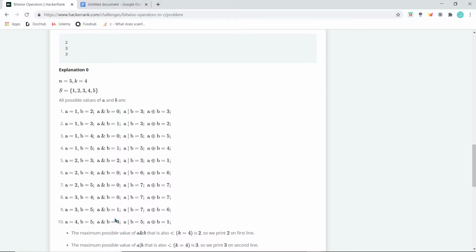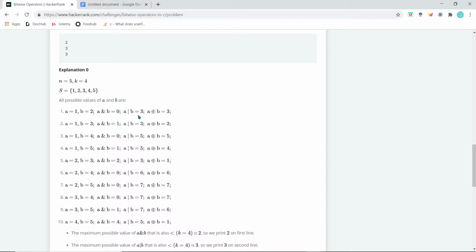So we need a number that is less than 4 and is the next highest in this column. So we obviously have 2 here. This is less than k and this is the next highest in this AND column. Okay, so 2 will be considered, so 2 will be printed on the first line.